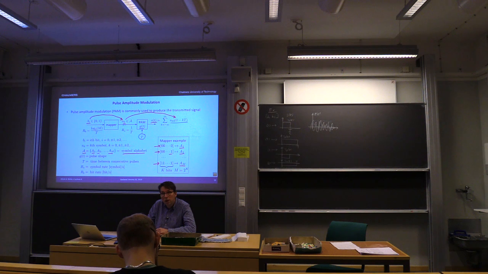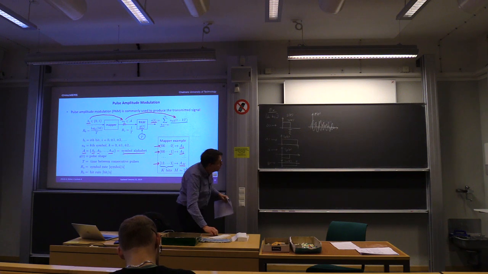And then it repeats itself for all time indexes k. For the first symbol, it outputs the pulse times the amplitude. For the second input, it outputs the same thing, just translated in time. So, a simple example of this.